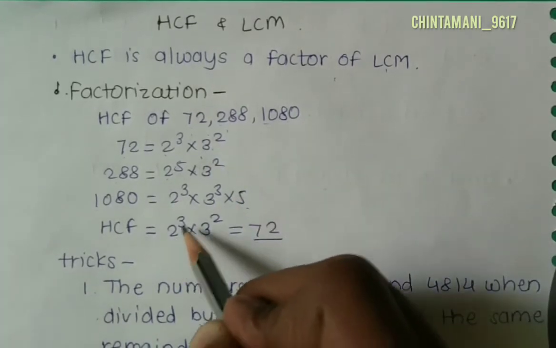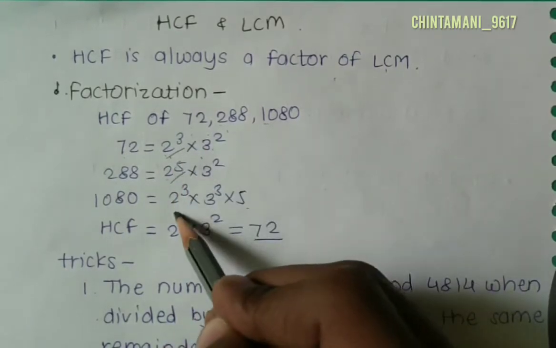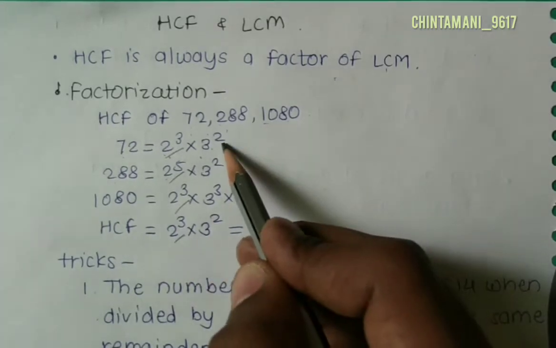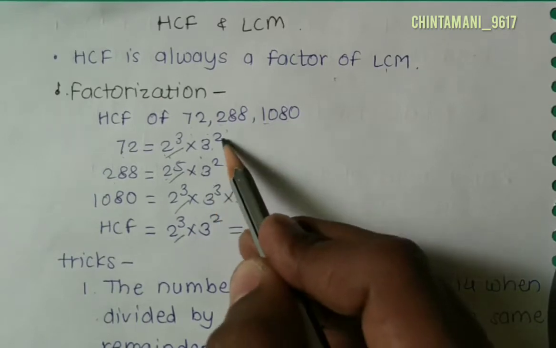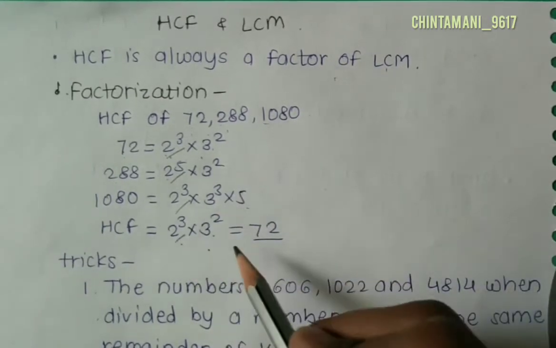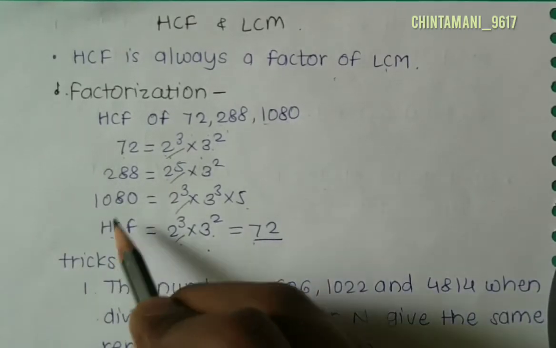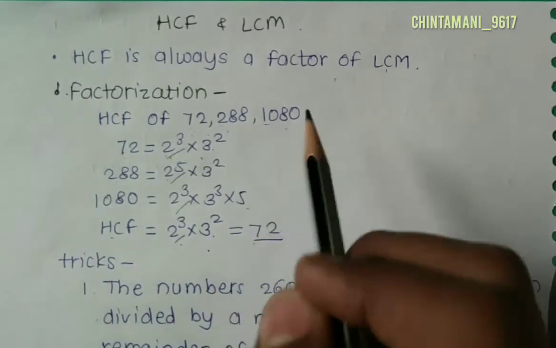In this we can see 2 raised to cube in each one of them, so we have written 2 cube, and also 3 square is in each one of them, so we have taken 3 square. Multiplying this, we get the answer 72 as the HCF of 72, 288 and 1080.